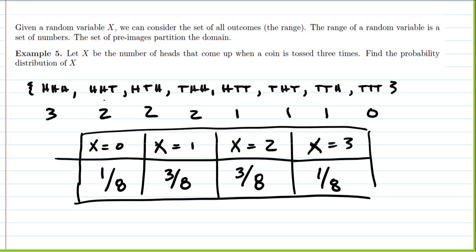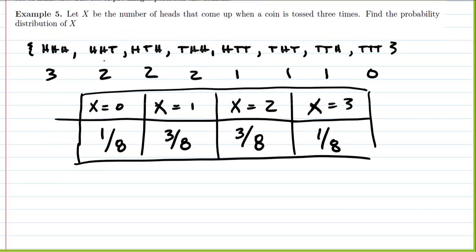So, like I said, we could come up with a different rule. And if we did that, it would change what our distribution would look like.